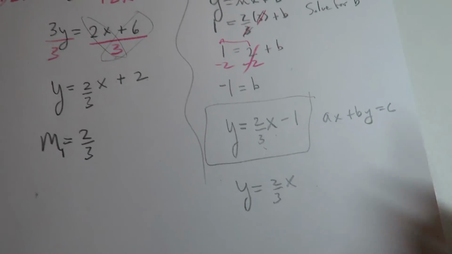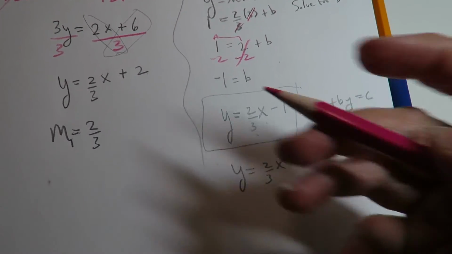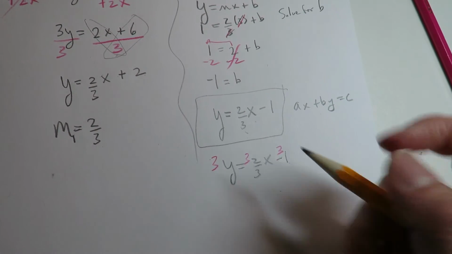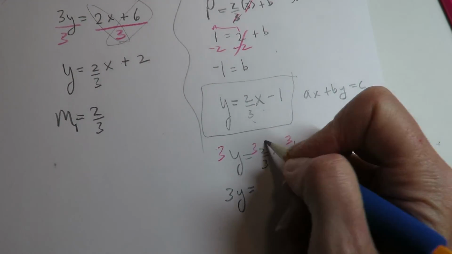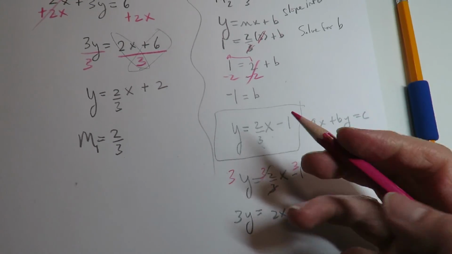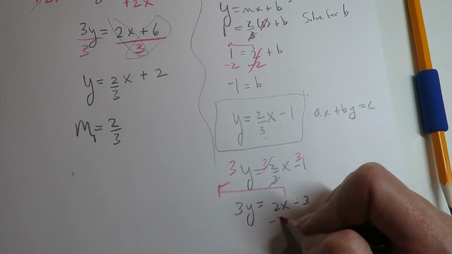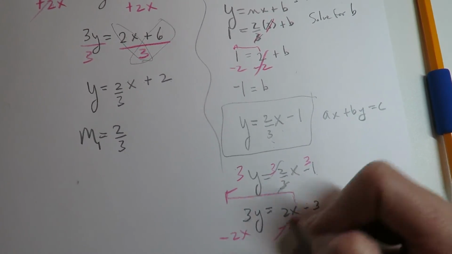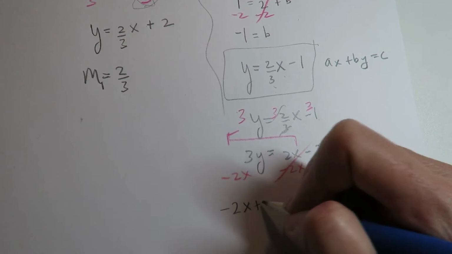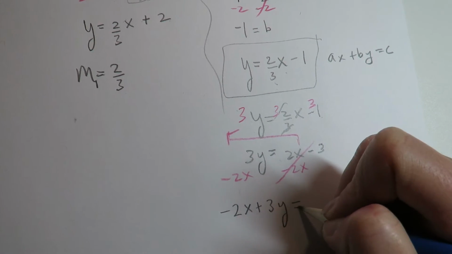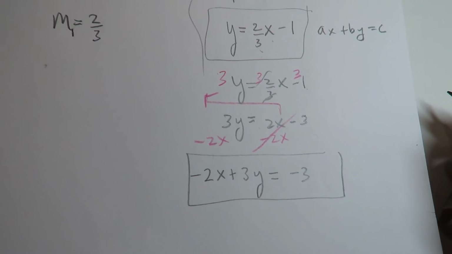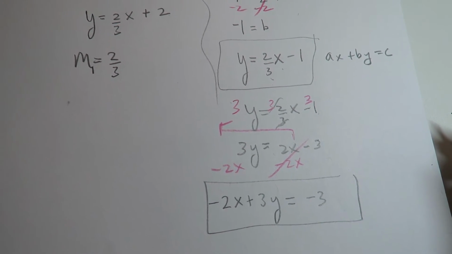But if you want to put it into standard, you'd multiply everybody by 3 to get rid of the fraction. Then you would move the x to the other side. And that would be the same answer, but in standard form.